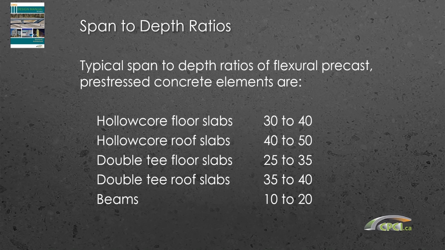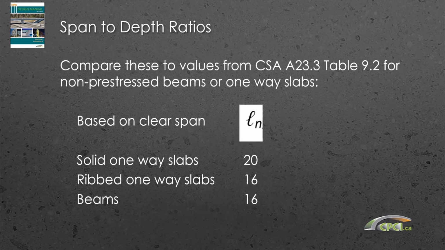It really depends on the detailed design, but these are good numbers to keep in the back of your head for proportioning pre-stressed elements in a building. As compared to cast in place, if we look at CSA A23.3 table 9.2 for the thickness, like the height, of structural cast-in-place one-way slabs or beams, they have a ratio to the clear span of only 16 to 20, based on the criteria of having elements that are not subject to causing cracking with the interior finishes and that type of thing.